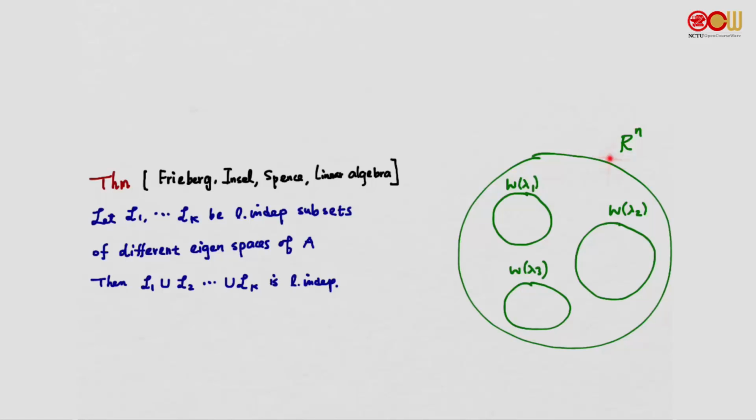So we have Rn here, and we have different eigenspaces, W lambda 1, W lambda 2, W lambda 3. And in each eigenspace, we have a linearly independent subset. This is L1, this is L2, and this is L3. The theorem says if we take the union of these L1, L2, and L3, the union is linearly independent.